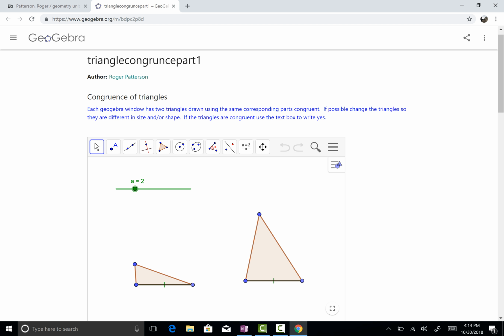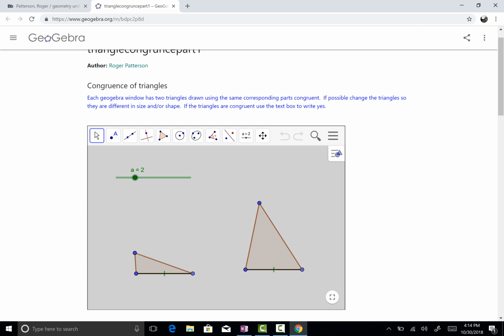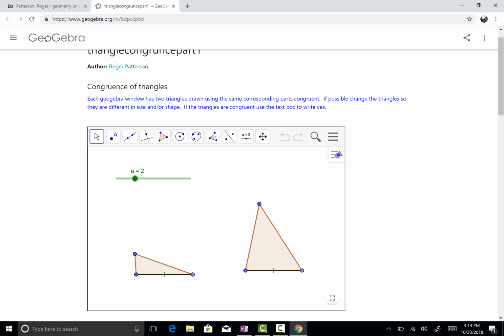But the idea is we want to know, are these 2 triangles congruent? Well, it's pretty obvious to see that they're not even the same shape. All right, so this one here definitely looks different. All right, nothing is moving here. I don't know why. That could be a pen issue with the tablet, but either way, we can see these 2 triangles are not congruent. So we're not going to say anything to that effect. We know that having one side congruent isn't quite enough. So these triangles are not congruent.